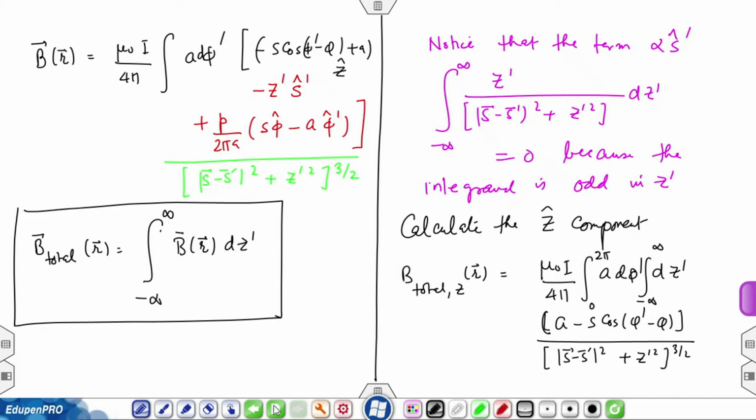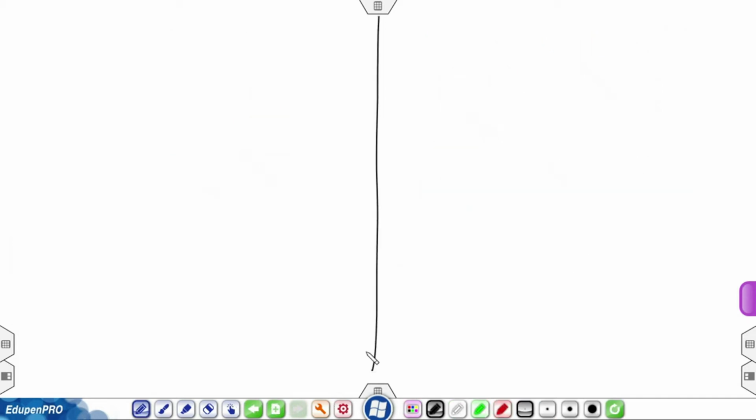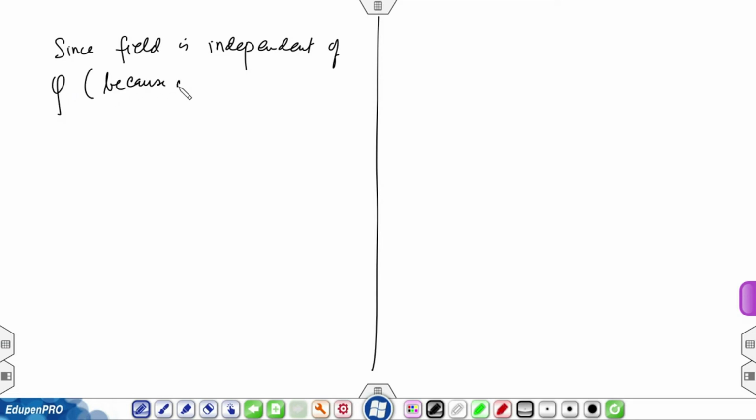I will now use the symmetry of the problem and say that since the field is independent of phi because of cylindrical symmetry, I can take phi equal to 0, then the phi unit vector will be in the y direction. Then I can revert back to it later.